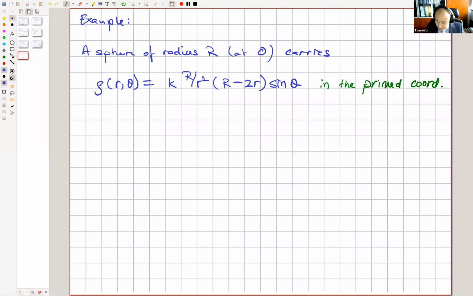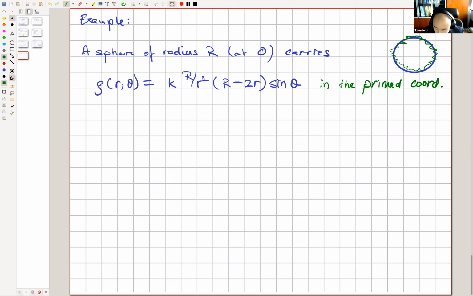So we now have a sphere which has a particular charge distribution given by this form.